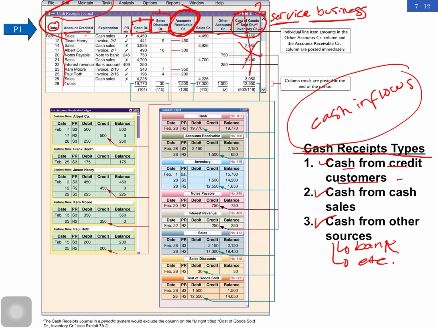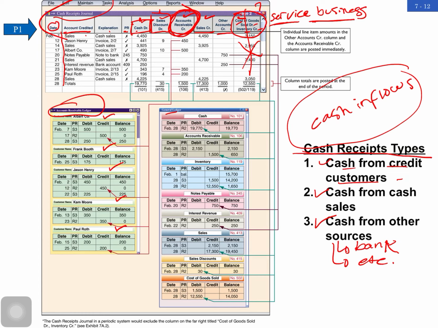Okay, so this is the cash receipt journal, and it will be correlated to the general ledger of all accounts, and of course the accounts receivable ledger and the accounts receivable subsidiary ledger, to see the amount of accounts receivable for each credit customer.